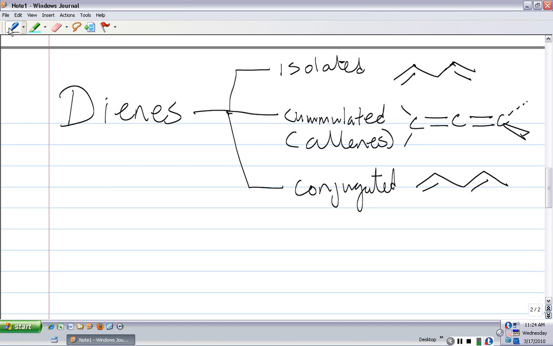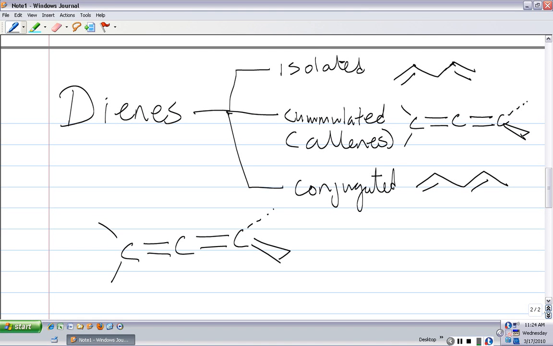And this is just a reminder of something you'd have met in 301, and that is they are a good illustration that you do not need to have a stereocenter to be chiral. And that as long as your allene has two different groups on any one of the carbons, the allene will be chiral.